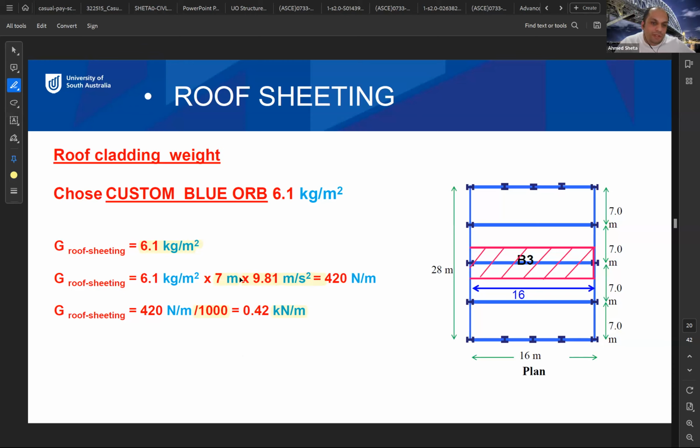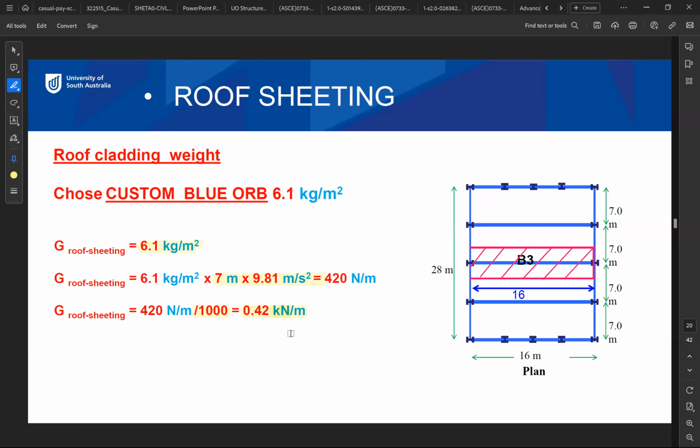The load width here is 7 meter. So the final dead load due to roof sheeting will be 0.42 kilonewton per meter. Okay. Does this make sense? Or do you have any question about this?